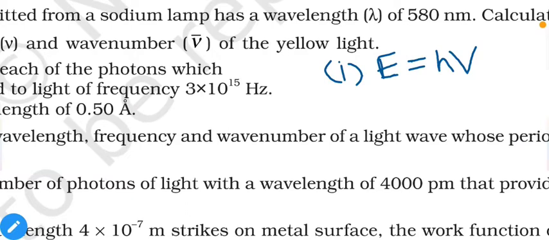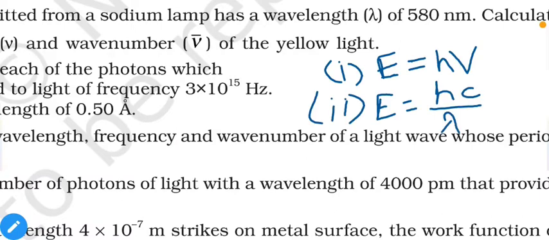As we discussed in the previous question, v is equal to c upon lambda, so we can change it and the second equation will be energy is equal to hc upon lambda. We know the Planck constant. Frequency for the first question is mentioned, and for the second question we know the Planck constant, the speed of light, and the wavelength is mentioned in the question. So put the values in these equations and you will get your answer. But keep in mind you have to convert all of them to common units if required.